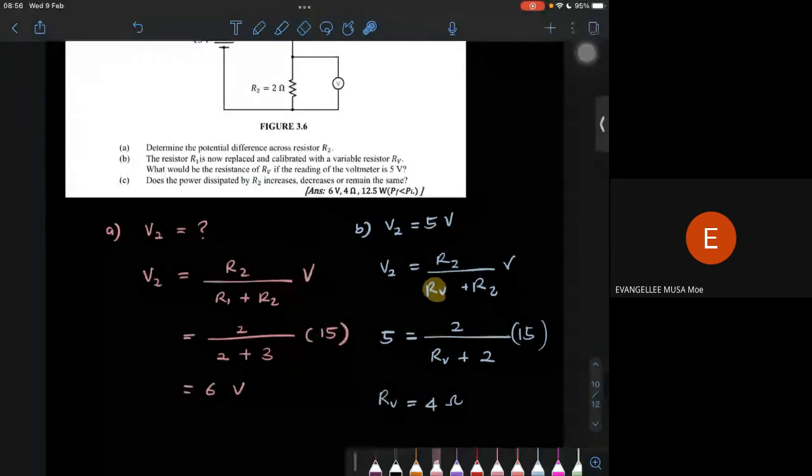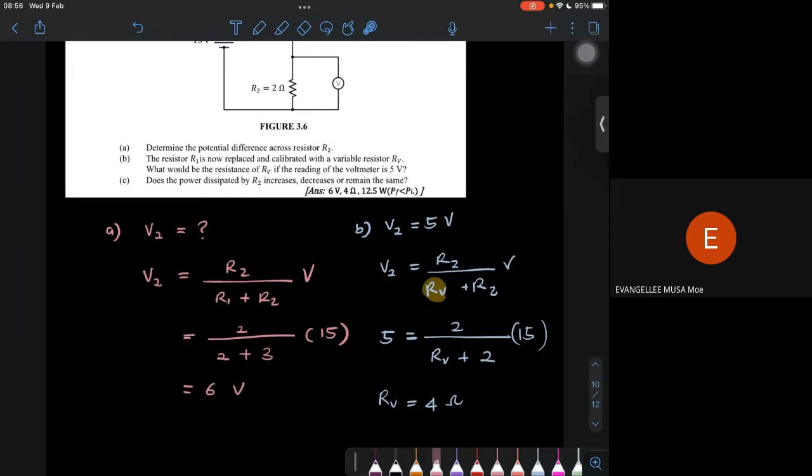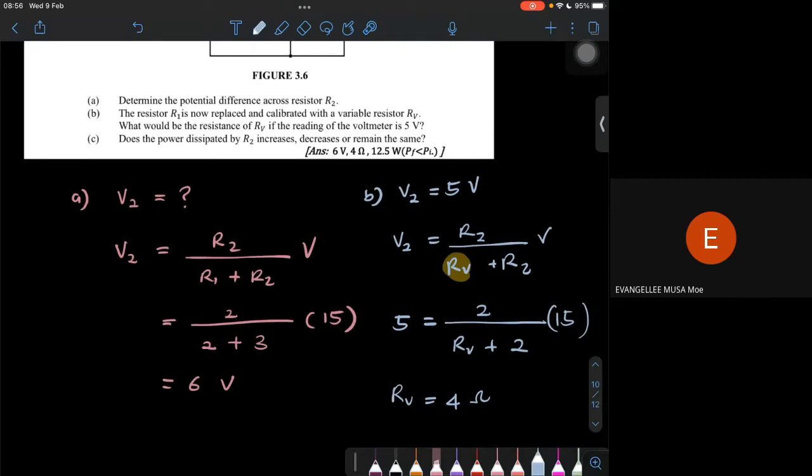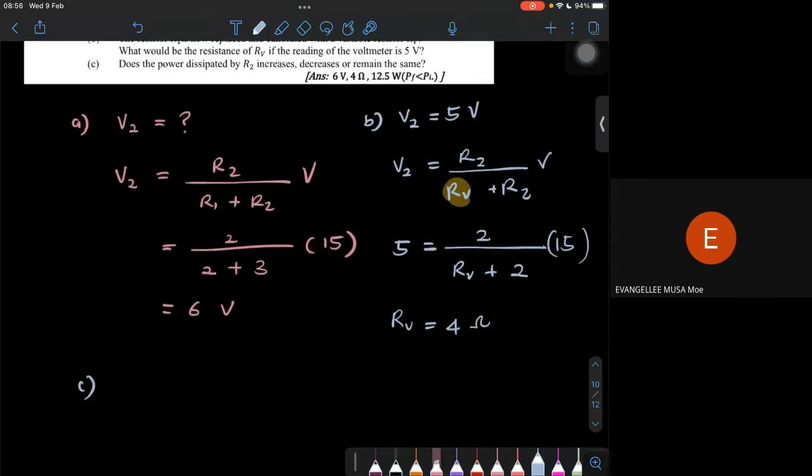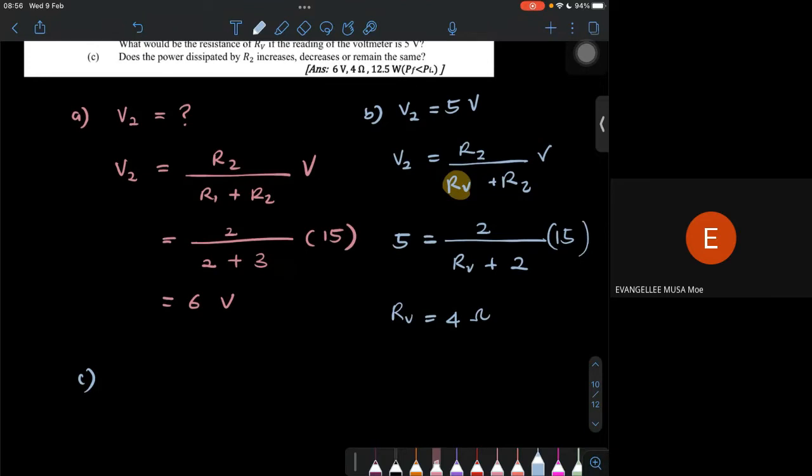How can we know? Macam mana kita mau tahu dia increase ke, decrease, ataupun remain the same? Anyone ada idea? Calculate the power, Miss. Okay, so the easiest way is we calculate the power lah, just to make sure. Okay, so what is the formula for the power? P equals to IV.